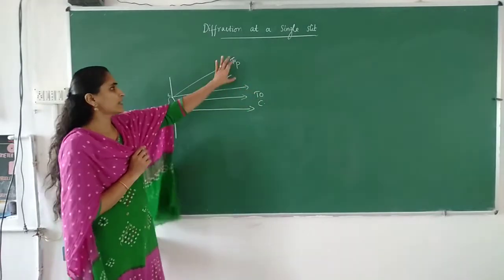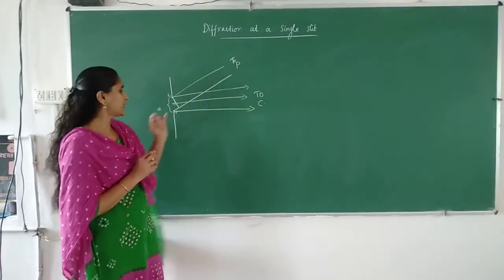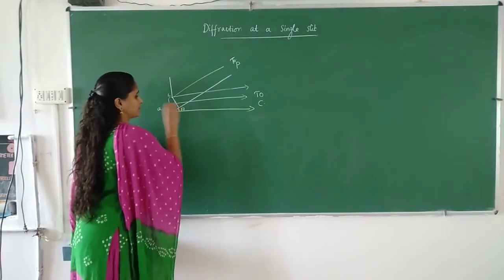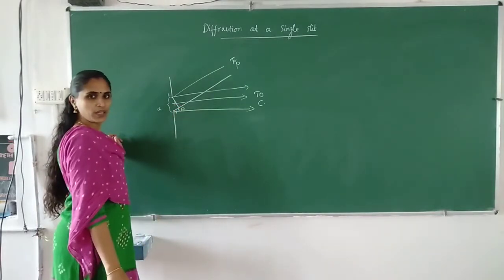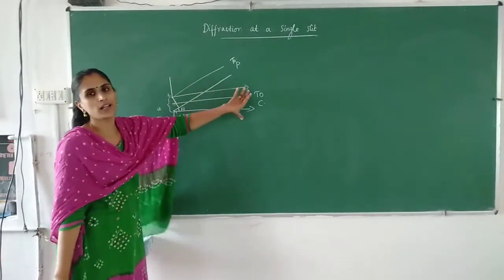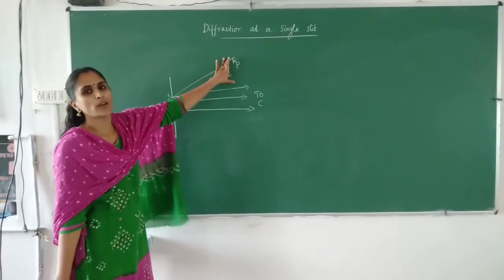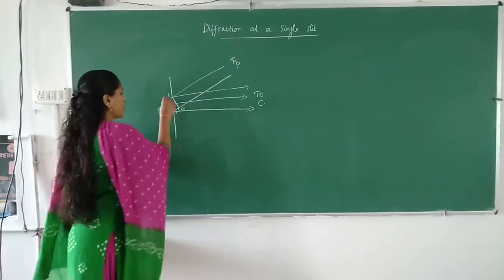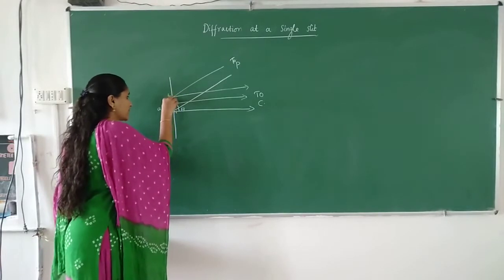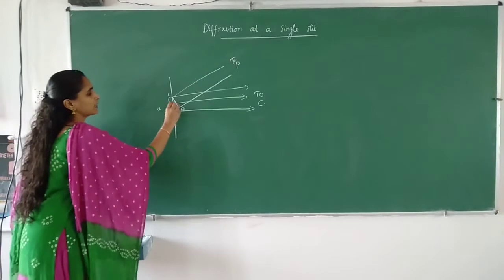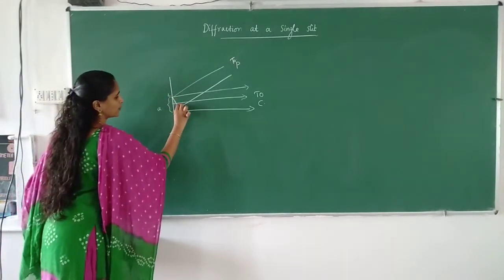Here we are considering a point P such that it makes an angle theta. You can see that everywhere these are parallel, so the line to the point P will be making an angle theta. Now we can connect these. This angle you can mark as LNQ.